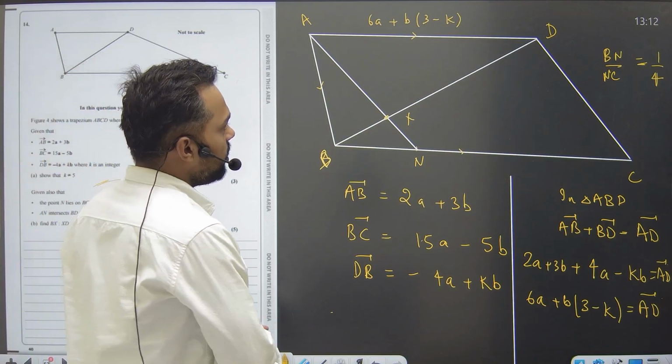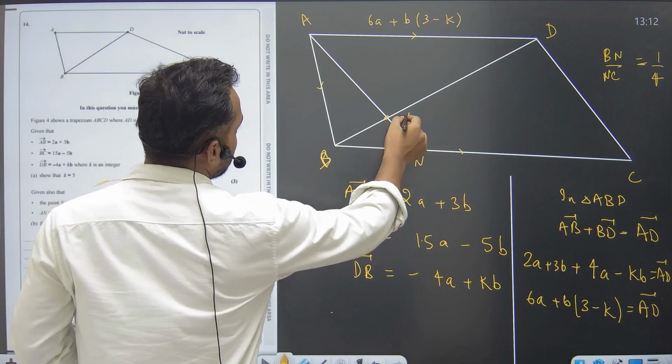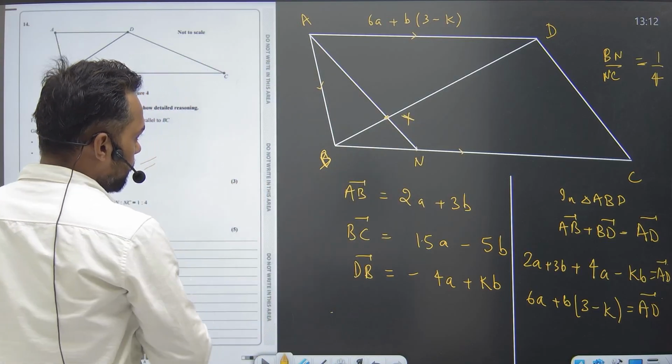BN by NC is 1 by 4. How do we need to approach this problem?